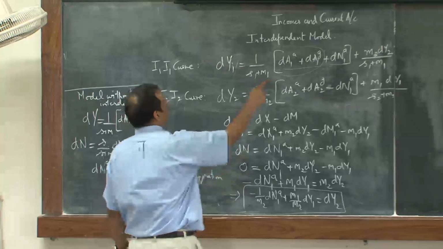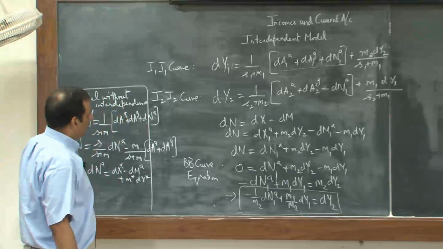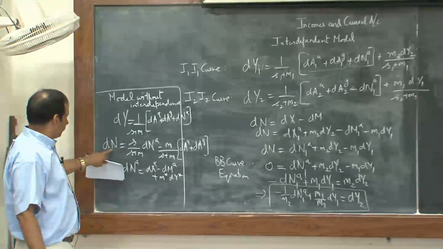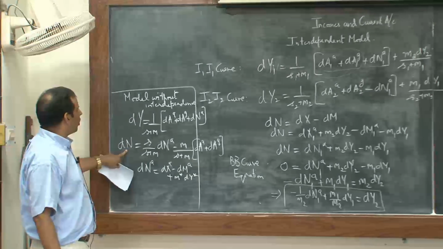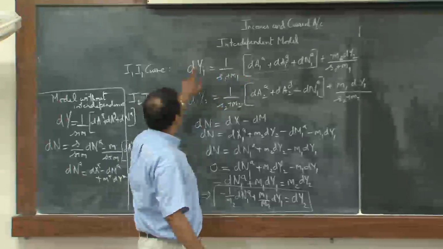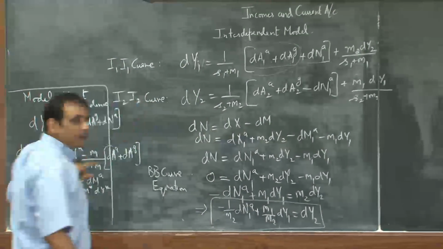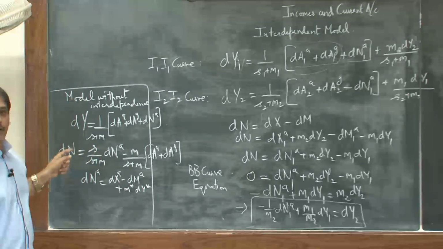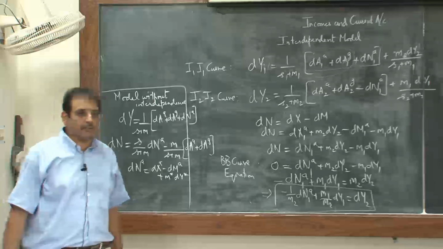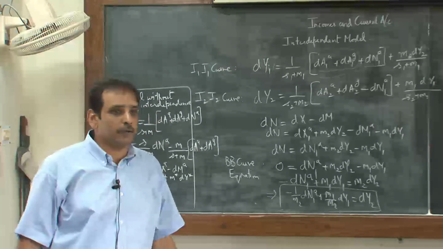You can see from this equation, and also from the equation model without the interdependence, any increase in expenditures tends to raise the incomes, but it also tends to have an impact on the current account balance, which goes into deficit, because as incomes increase, the imports go up, so you have a current account deficit.